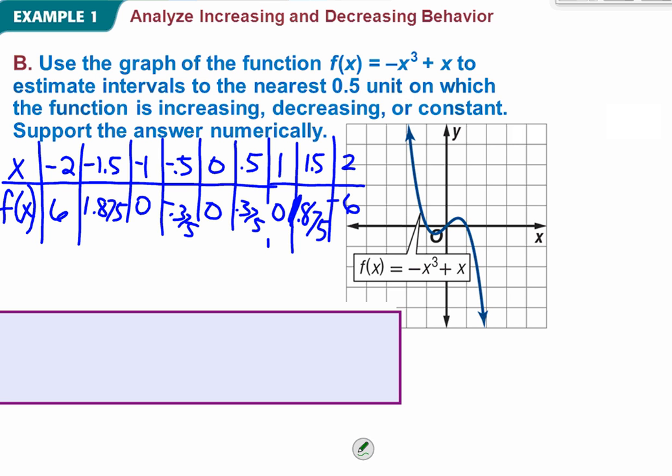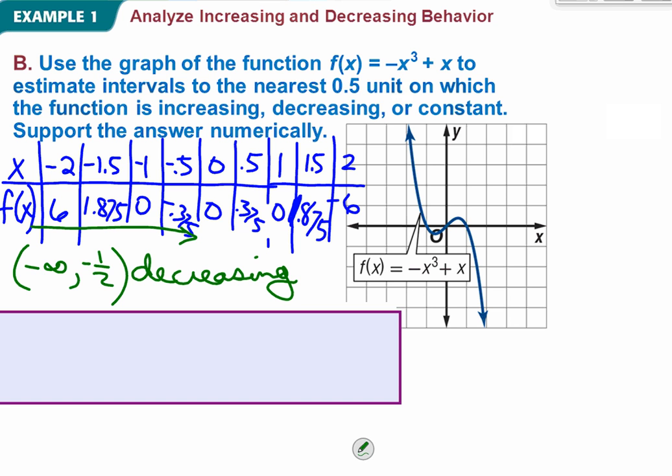So by our table, first it's decreasing from negative infinity to where? To -1/2. It's decreasing. So from here to there, those are decreasing. Then what happens? From -1/2 to where?